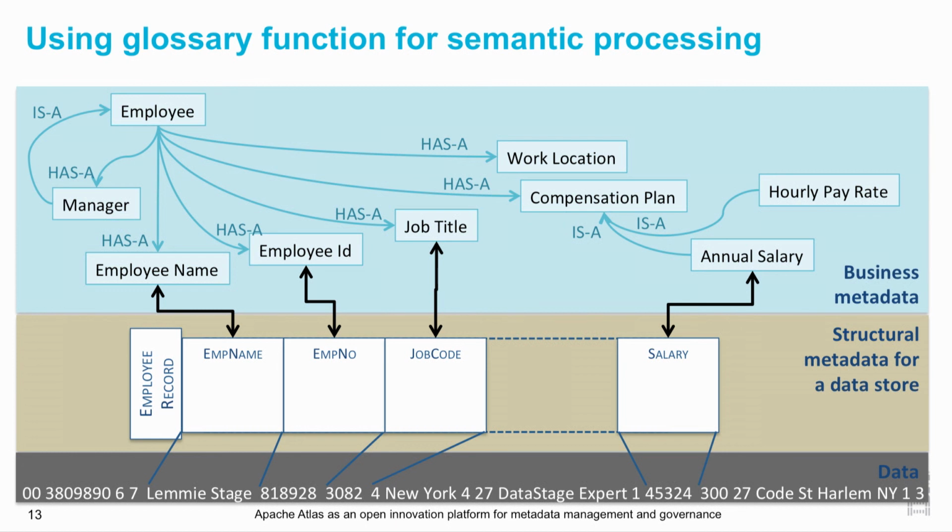And we can say, well, here's annual salary, and it's a compensation plan. Or we might see an hourly pay rate as an example. So we start to understand a little bit about the relationship between values that we would find in these data sets. And then we can start to say, okay, this is compensation data.